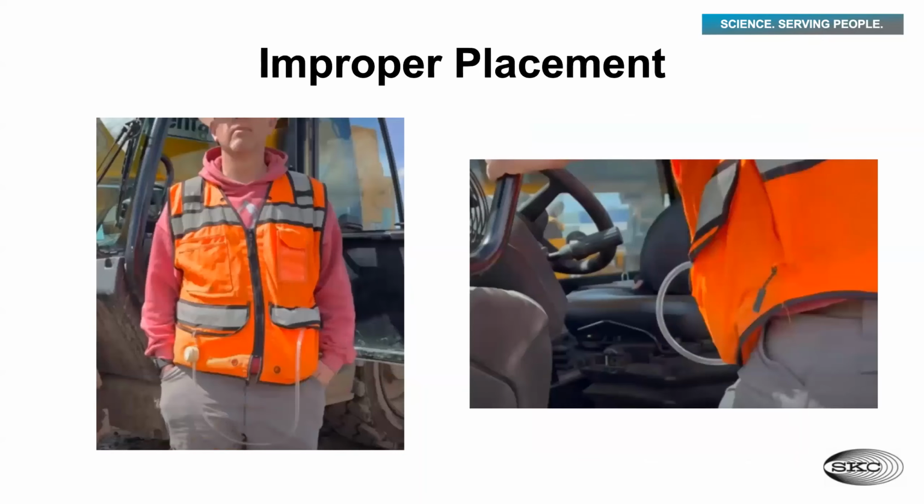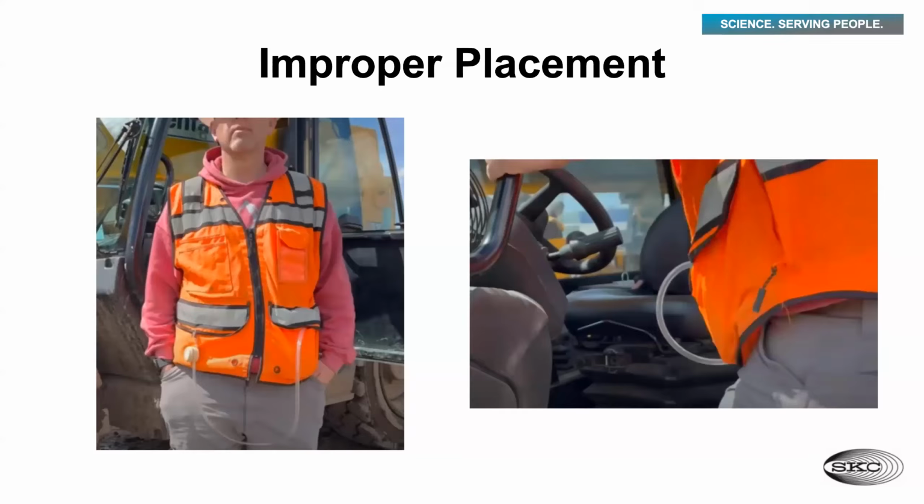So as far as a couple improper placements, I think this is very obvious that we wouldn't want to have either a cyclone or a PPI clipped near their waist. That's not going to tell us any of the information that we want for a breathing zone sample. And furthermore, you'll notice that the tubing is left exposed. And what was fun when we were doing this, I was filming this gentleman getting in and out of a forklift.